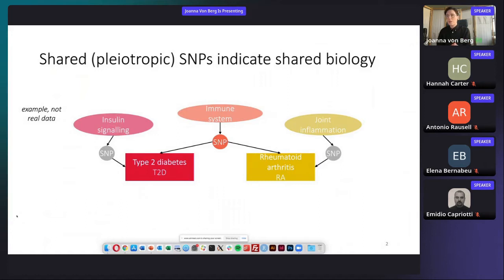We can also better understand the underlying processes of traits and which of those are specific to the trait and which are shared with others. And in this way, we can also find traits that actually share underlying processes while they are not overall correlated.